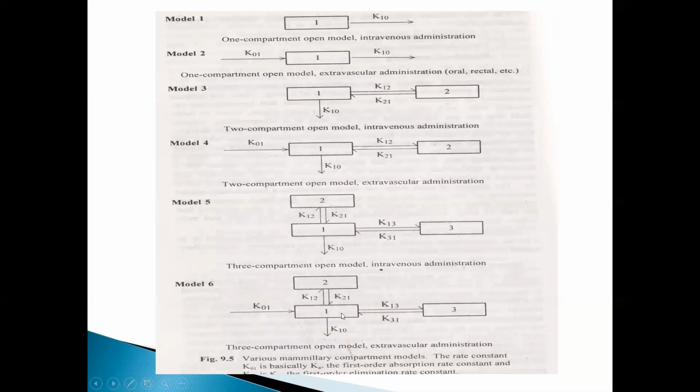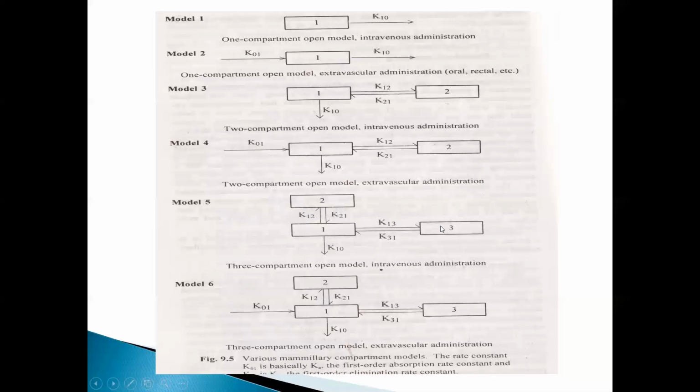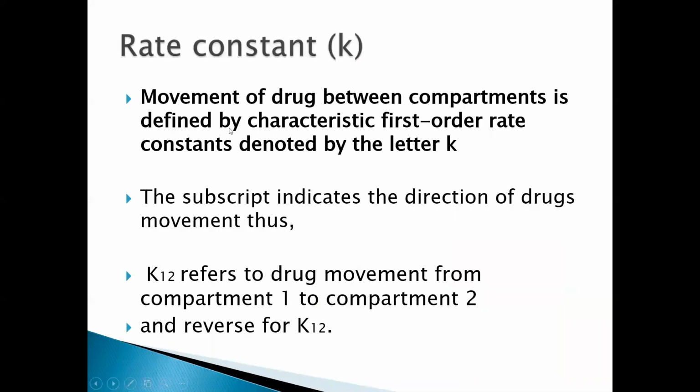So this is a visual representation of the way the drug is moving, the time course of the movement of drug in the plasma. This is represented by this kind of compartments. So as I discussed, what is the rate constant? It is denoted by the letter K. So it is a first order rate constant.